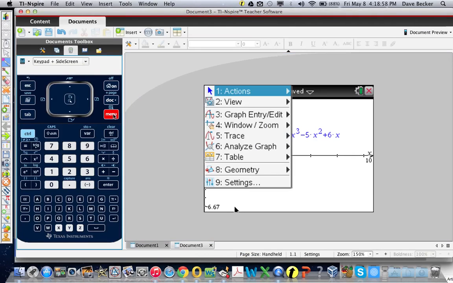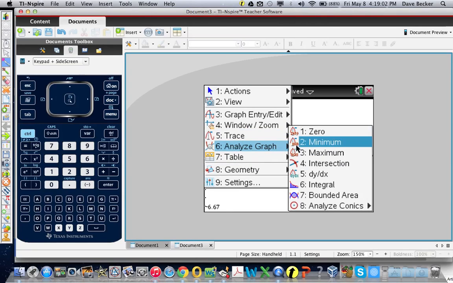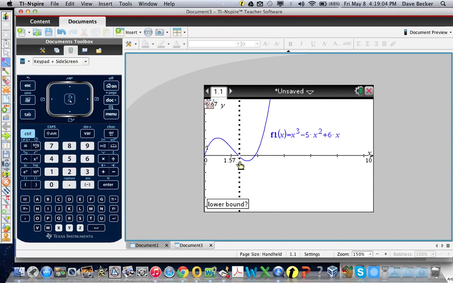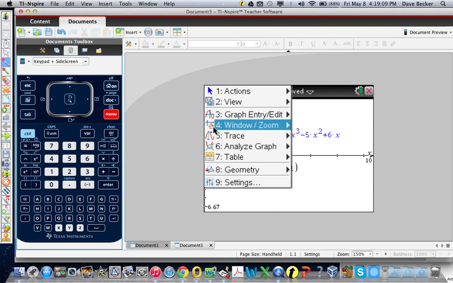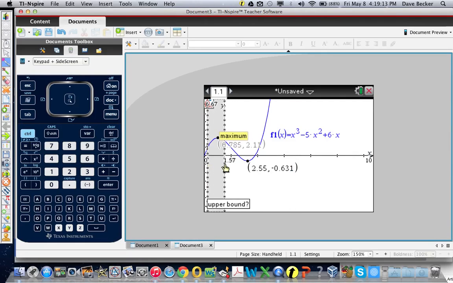So menu, analyze graph, and we'll do minimum. All right, menu, analyze graph, maximum. Get that out of the way, and then we got to get the t-intercept.